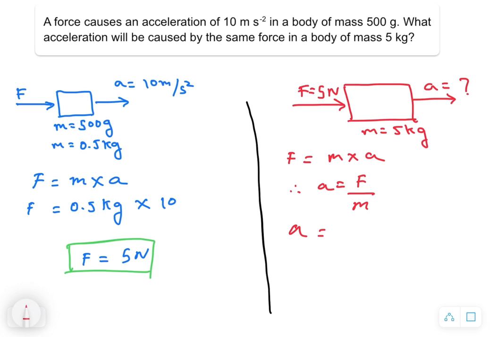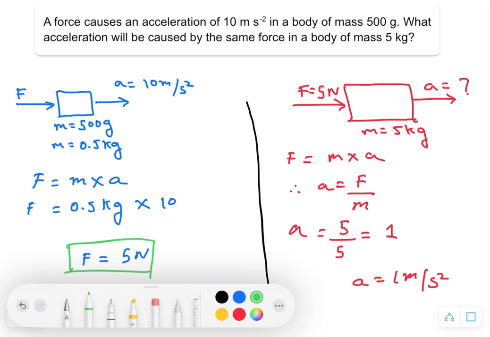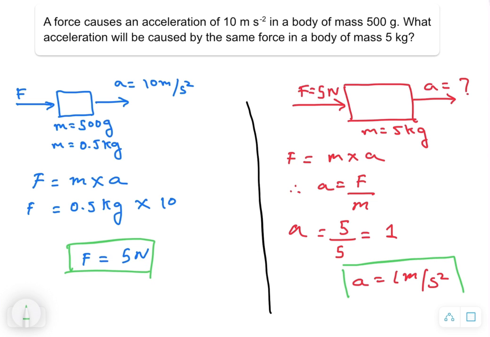Acceleration is equal to force, which is 5 newtons, divided by mass, which is 5 kilograms. So the answer will be 1 meter per second square. The acceleration caused by force of 5 newton on a body of mass 5 kilogram is 1 meter per second square.